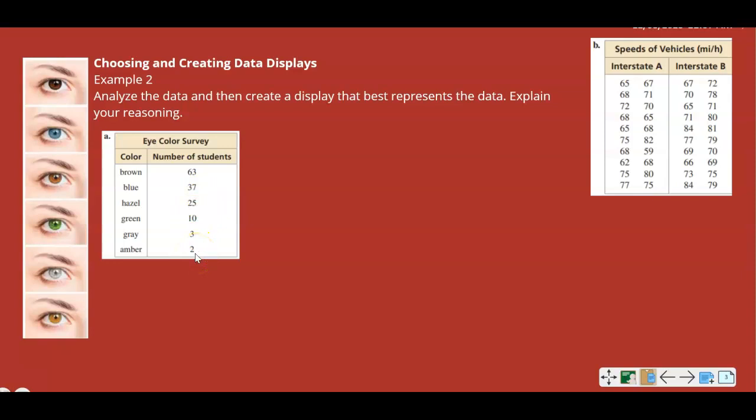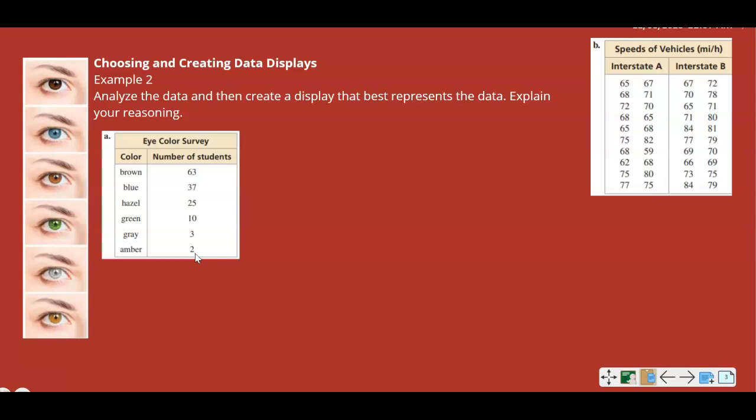So if we want to display this data, how would that be best displayed? So if you think back to what we've looked at, box and whisker plot and histograms, number lines, graphs, and things of that nature, this wouldn't really work very well because this is more of a qualitative data because we're looking at eye color.